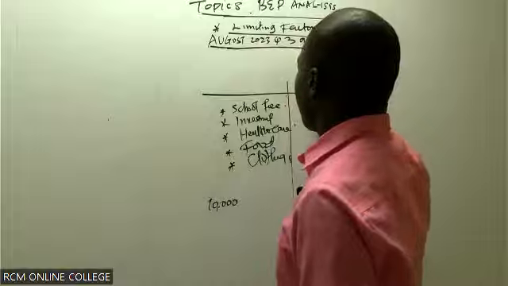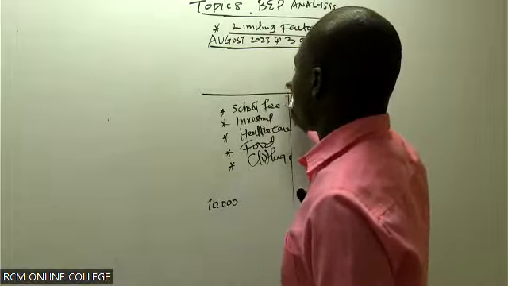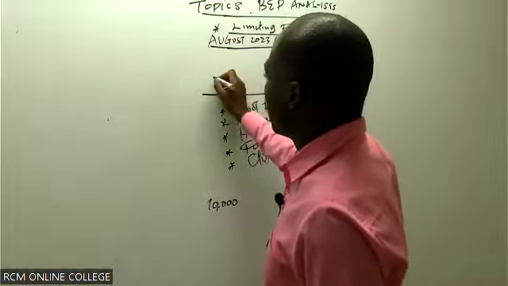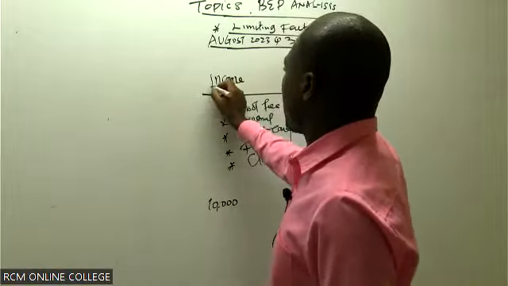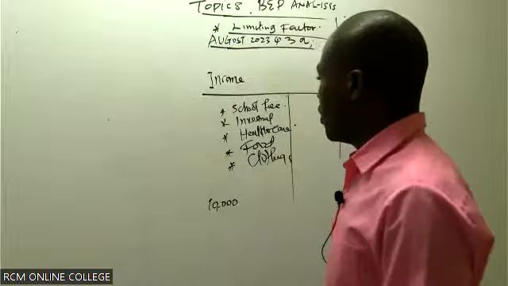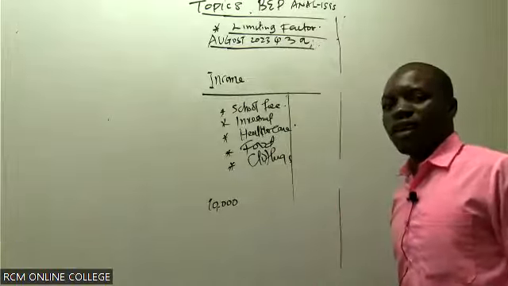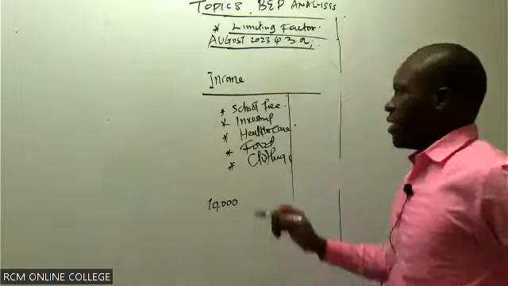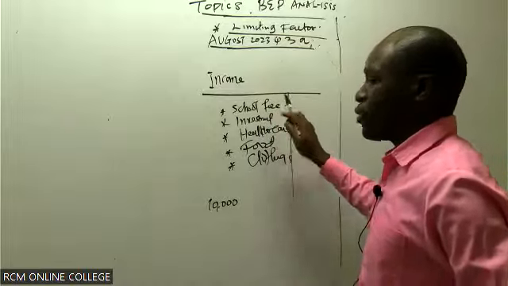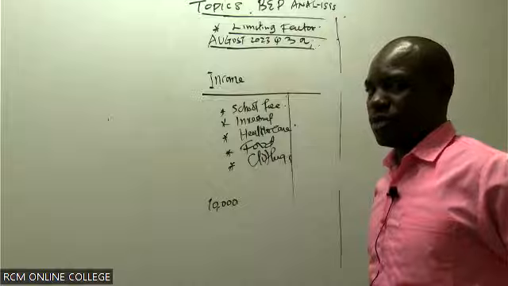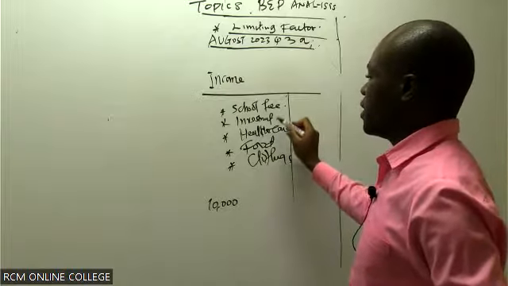But you have a very huge item here: your income. Maybe all of us are taking care of these, but in different proportions.